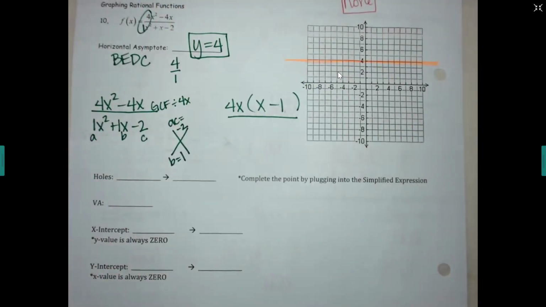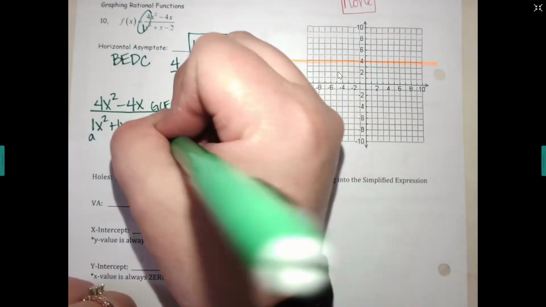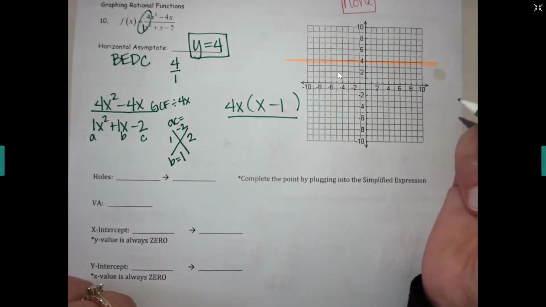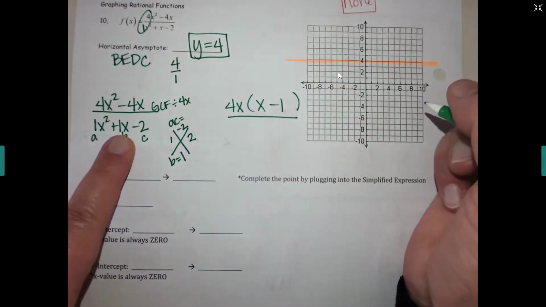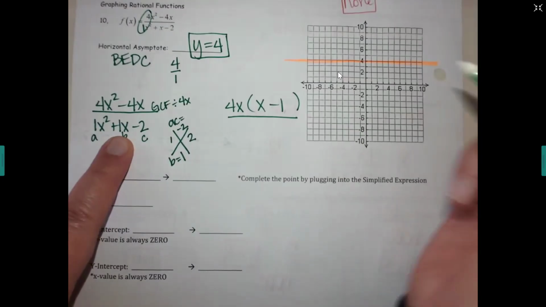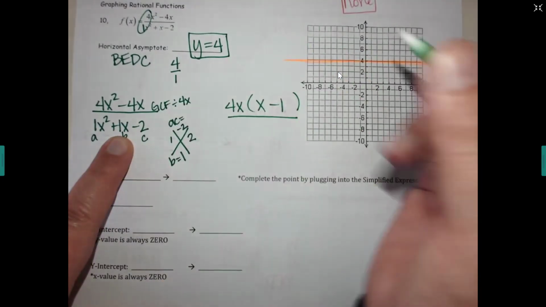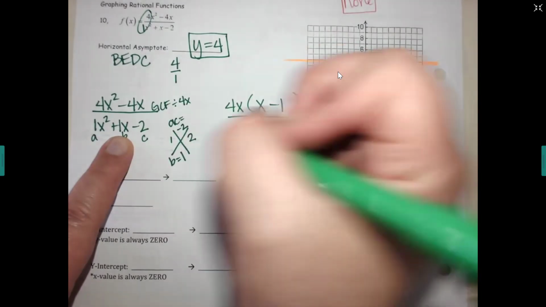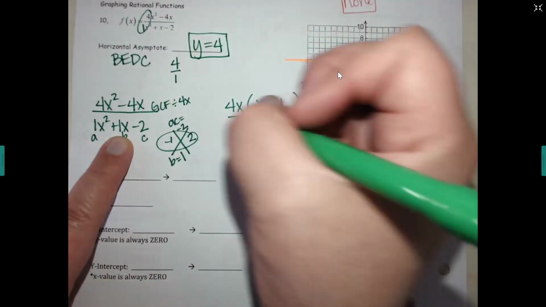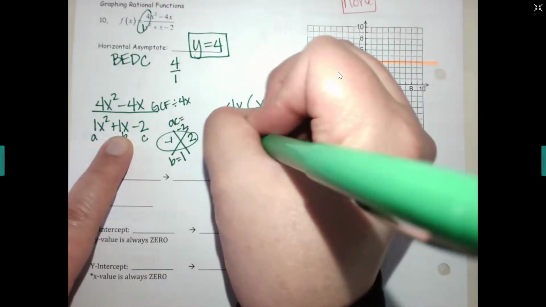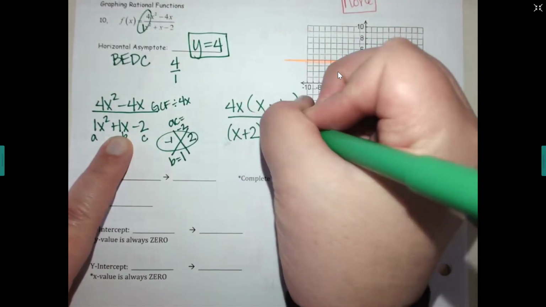Remember, if there's nothing in that spot on the x, it counts as a 1x. The only way to multiply to 2 is 1 times 2. Where will I put my negative to keep my B a +1? On which number? The 1, very good. So it's going to be x + 2 and x - 1.